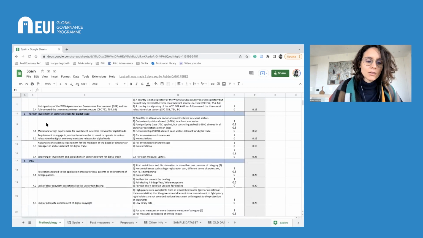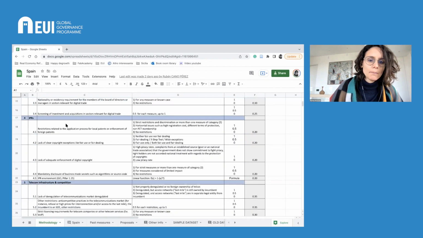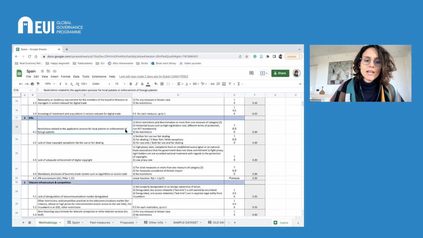There are 12 pillars in total, but the issue on patents is really in pillar 4 on IP and covers only one entry. The question we ask for patents is whether the application process for patents is restricted somehow.